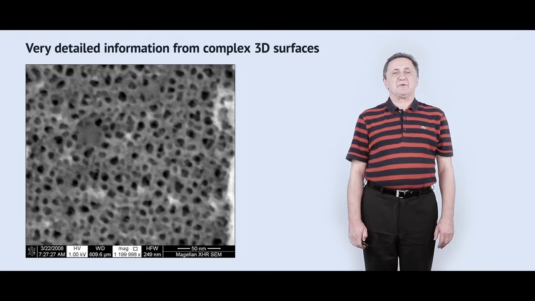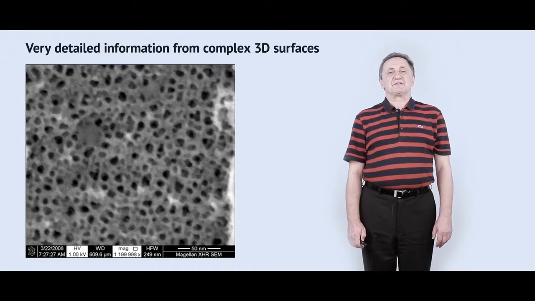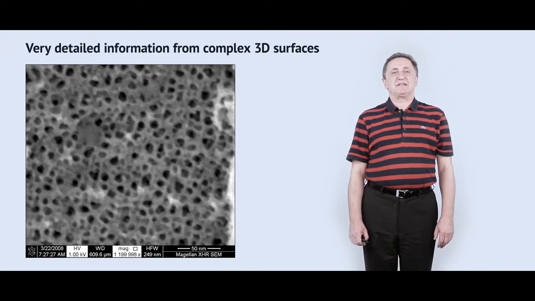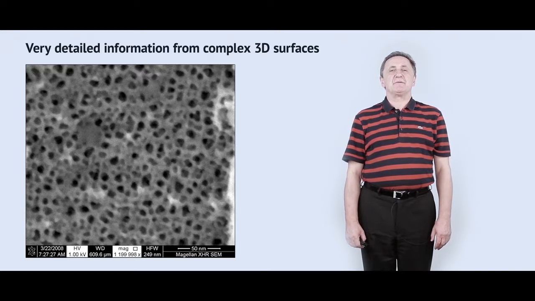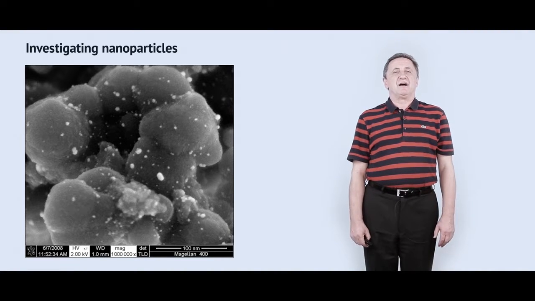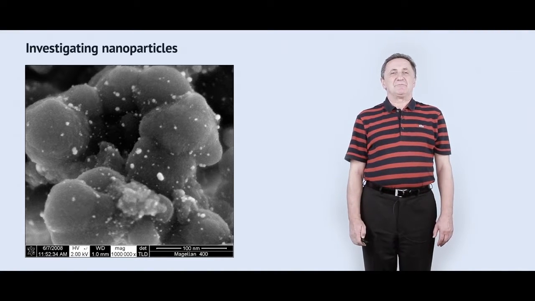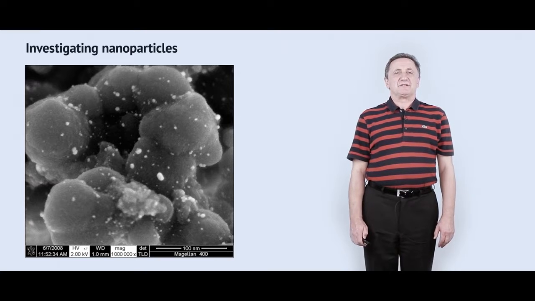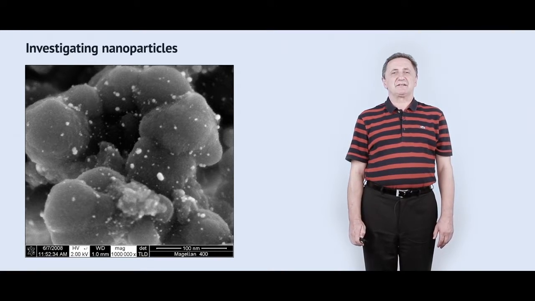For example, porosity here is less than 20 nanometers for this special sample, and in some cases even 3D type imaging can be obtained, with different magnification and extremely high resolution.